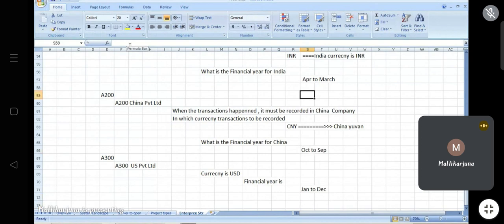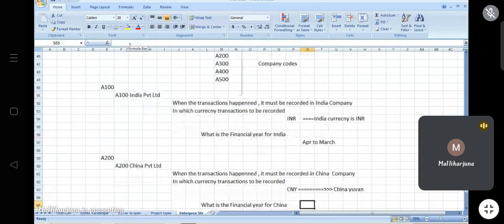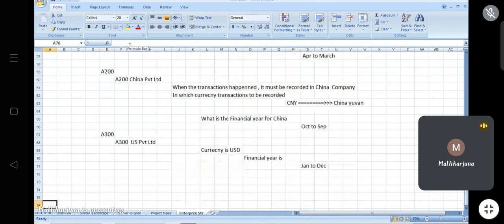Now these are the company codes, the legal entities at which transactions are recorded, reported, analyzed and grouped, so we are able to construct the financial statements by following the financial year of that specific country. Now a group of company codes is called a company.